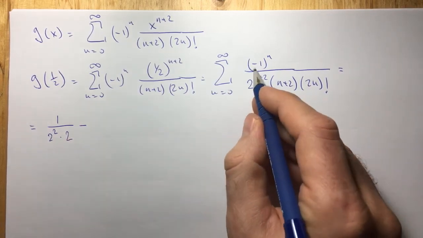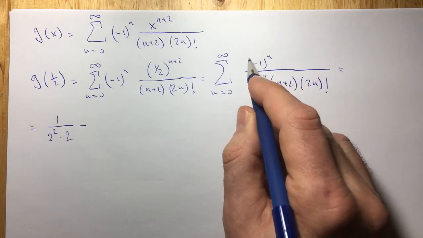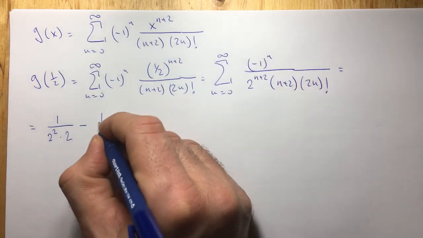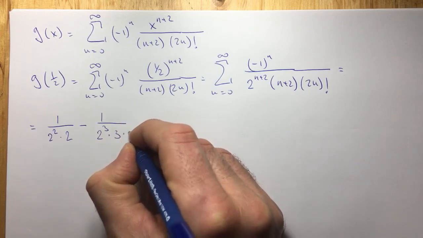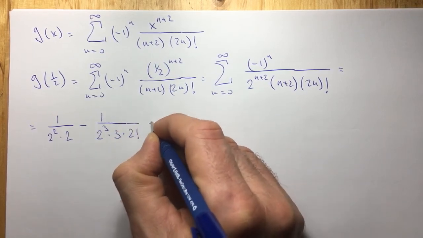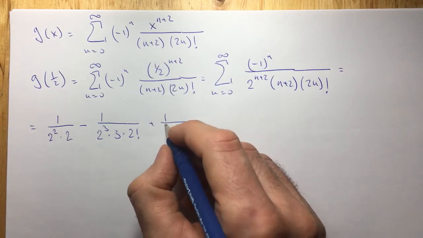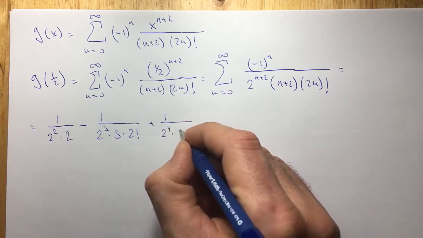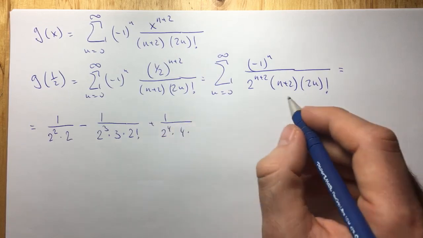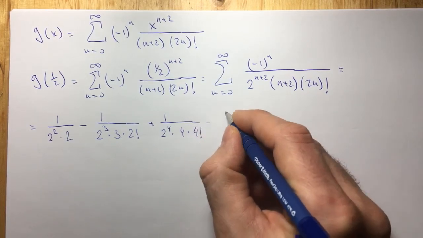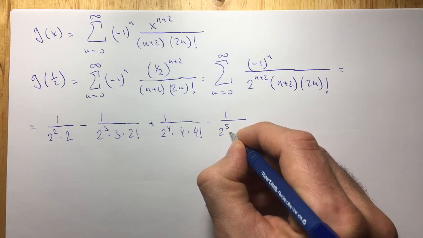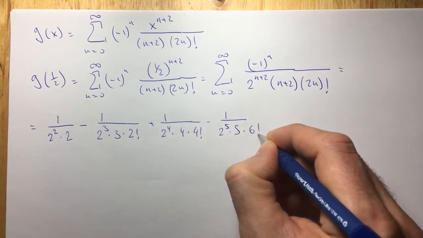Now n becomes 1, that makes this part here just negative, over 2 to the power of 3 times 2 factorial, plus 1 over, when n is 2, 2 to the power of 4 times 4 factorial, minus 1 over 2 to the power of 5 times 6 factorial.